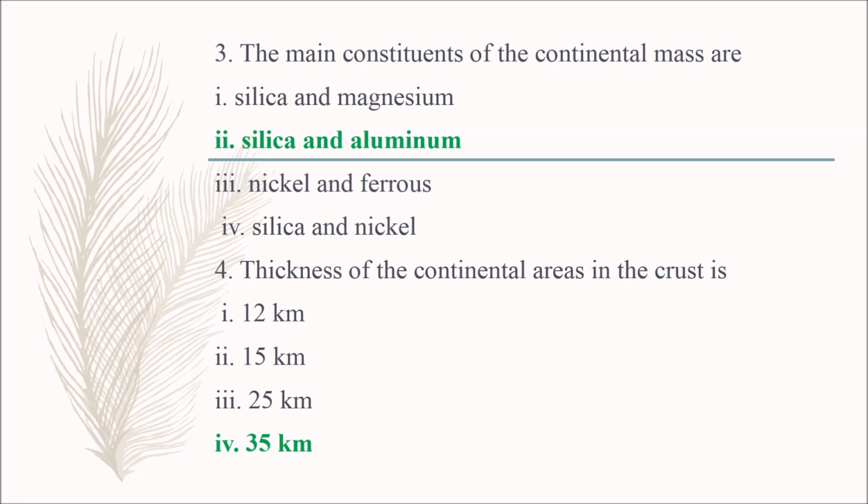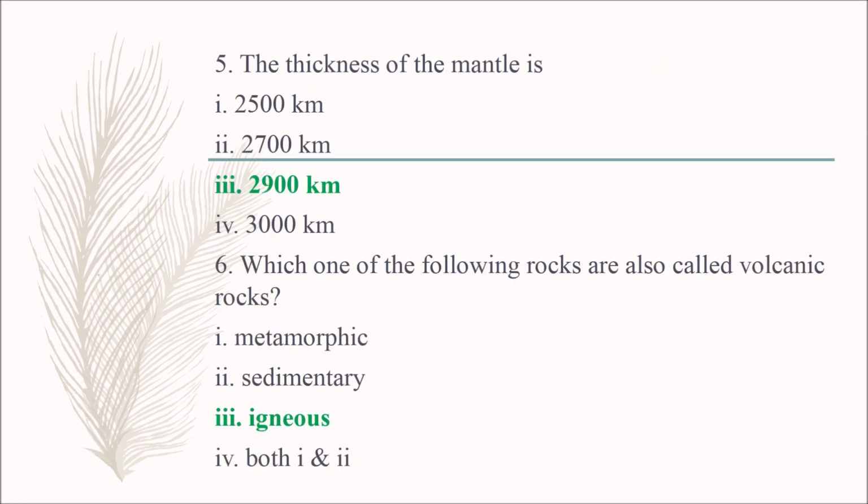Question number 4. Thickness of the continental areas in the crust is: option 1, 12 km; option 2, 15 km; option 3, 25 km; option 4, 35 km. So the correct answer is option 4, 35 km. Question number 5.